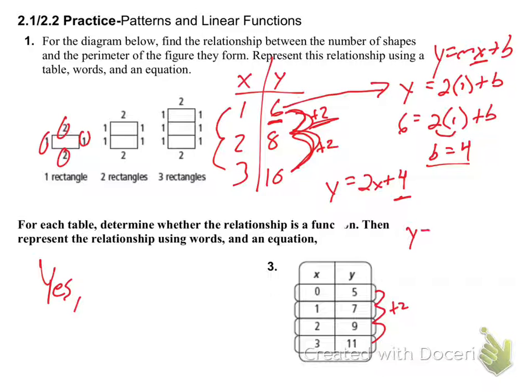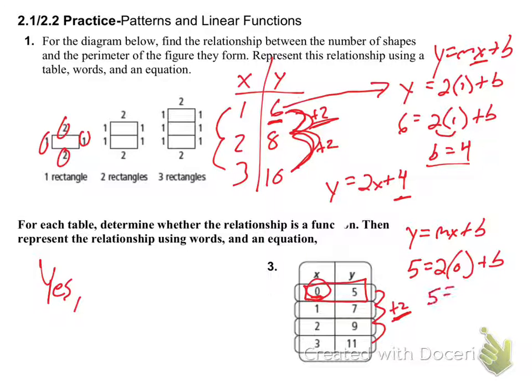So if I have y equals mx plus b, I can take my first set of points, plug those in. So 5 is going to be equal to, my m is right here, the 2, and then my x is going to be 0, plus b.